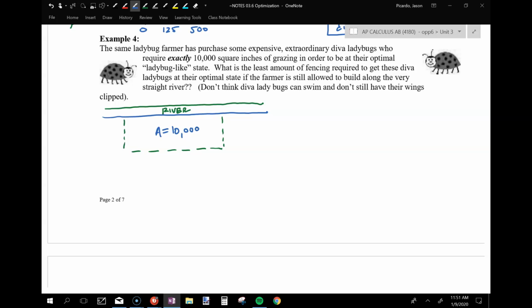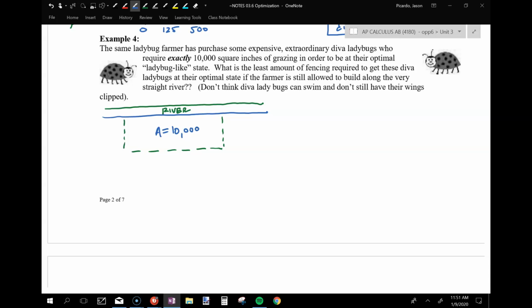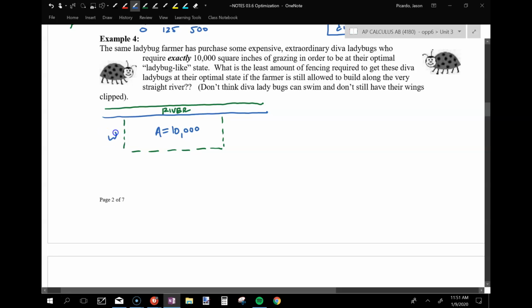But the point being, that's the optimal dimension, right? So what we need to do is figure out what is a least amount of fencing scenario. So what width and length using the least amount of material will give me the optimal area. Get the idea, right? So we have a W and a W and an L.